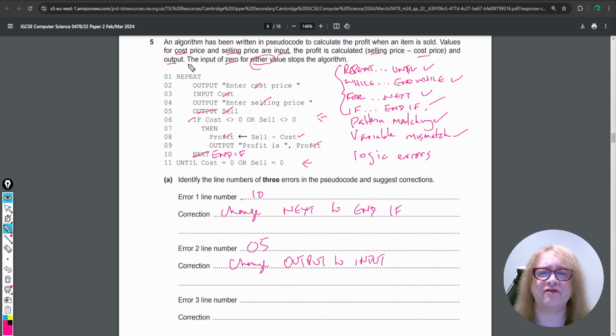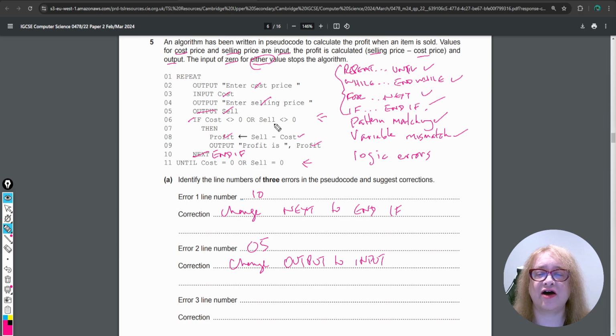We can say that if the cost price is 0 or the selling price is 0, then we want to stop the loop. So we look down here, we say, if the cost is 0 or the sell is 0, then we want that to be true because we want to drop out. So we can see that the logic is absolutely fine in this line here. So the only issue is line 6.